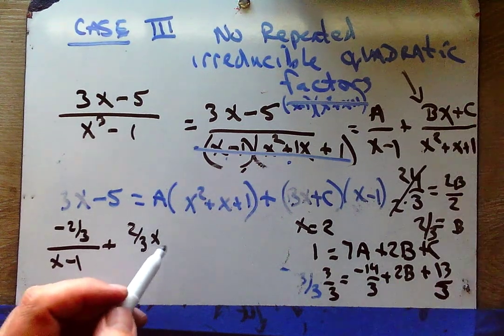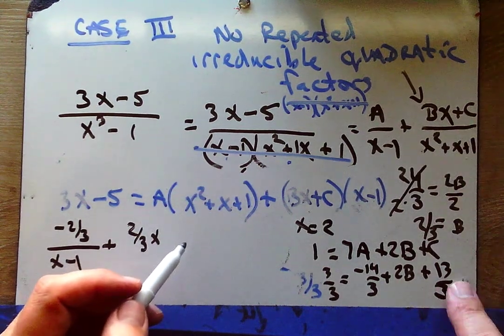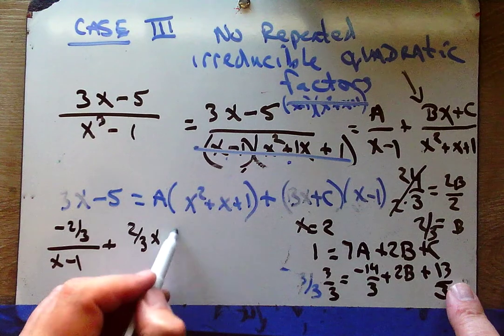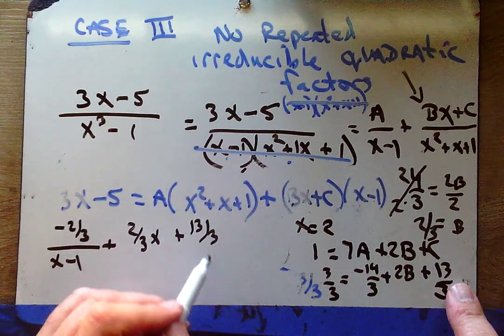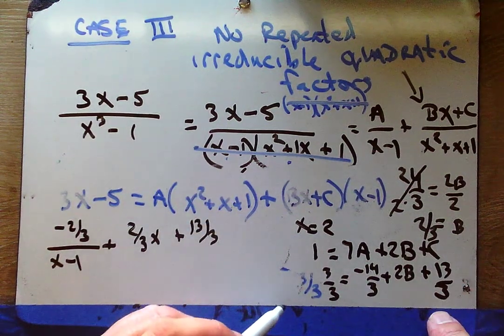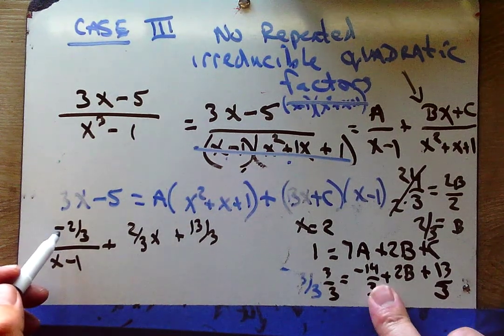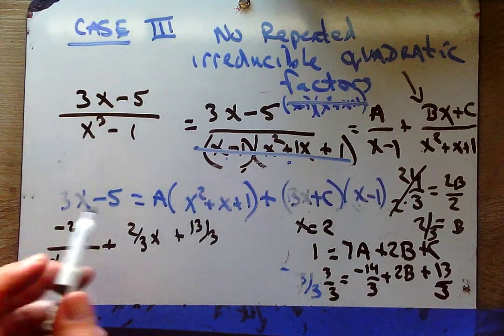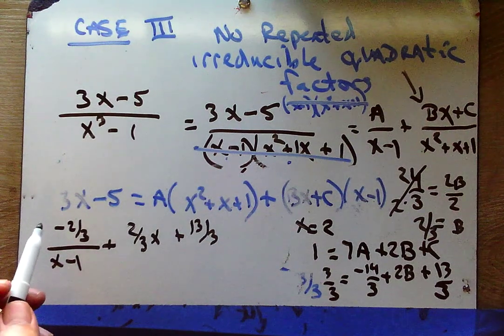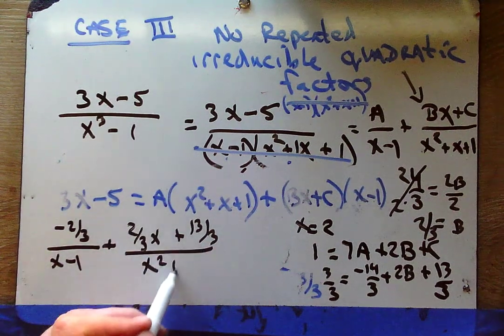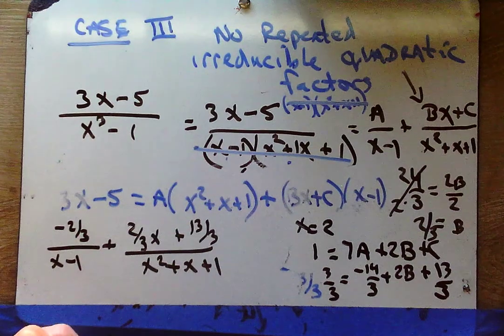Our c value was 13 thirds. I feel like something was negative and I've lost it. That was negative because the a value was negative. Okay, great. And all of that is over x squared plus x plus 1. That's the way most students write it.